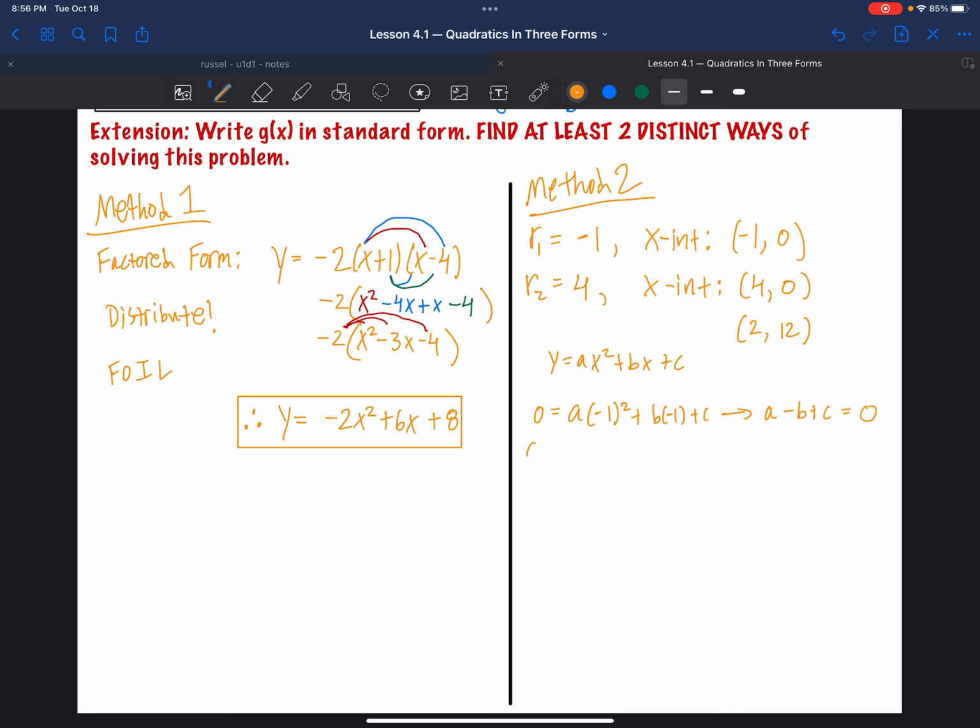And then the next one is 0 equals A times 4 squared plus B times 4 plus C, and that is just 16A plus 4B plus C equals 0. And then the last one is 12 equals A times 2 squared plus B times 2 plus C, which is 4A plus 2B plus C equals 12.